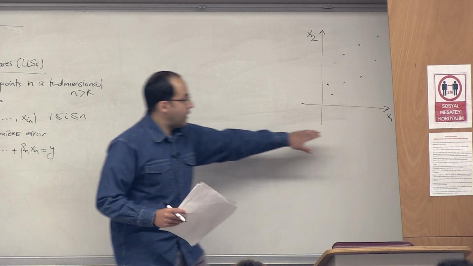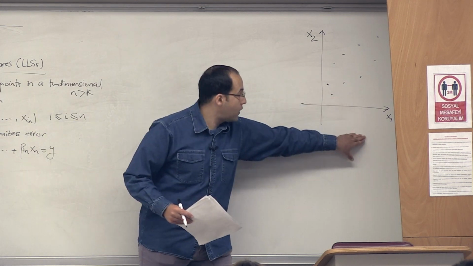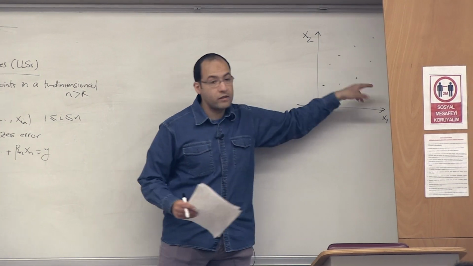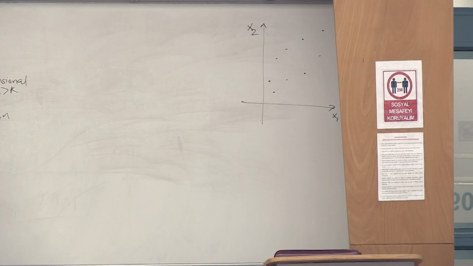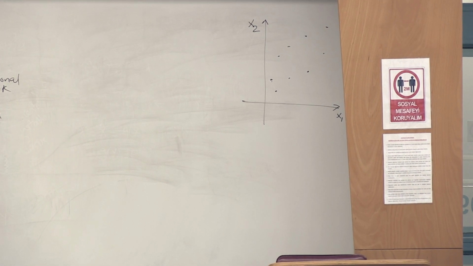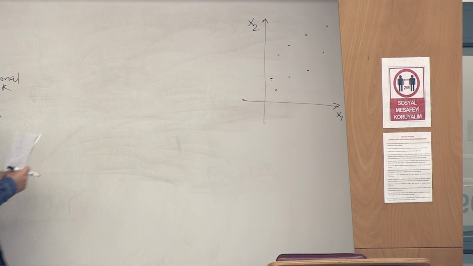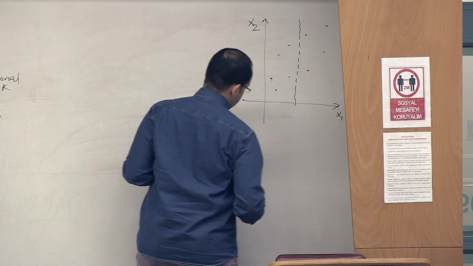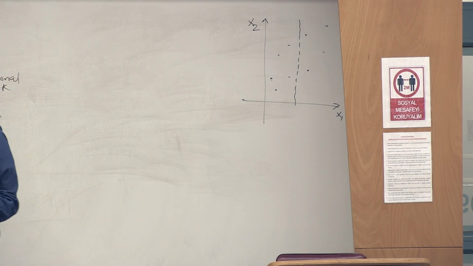Suppose that your input is x1, your output is x2. x1 here, x2 here, x1 here, x2 here, for this point and this point and this point and this point, and you want to derive some function that should give you the different values of x2 for any x1. For example, you don't have any value for this particular x1. All right? What we want to do here is we want to do this in a linear manner.